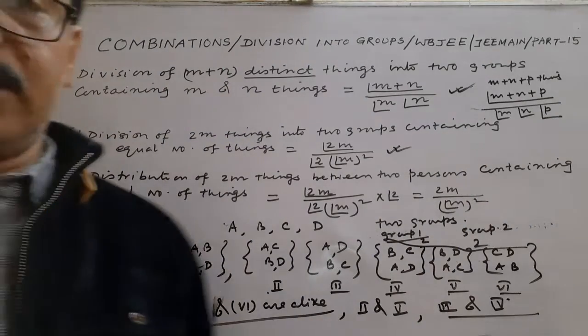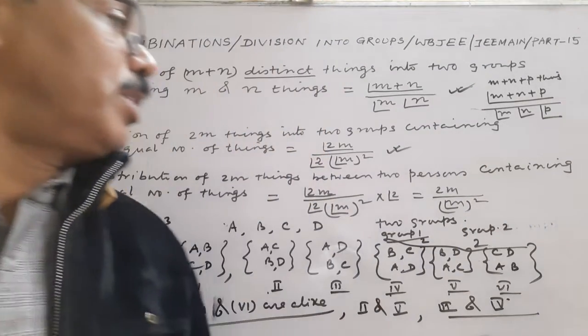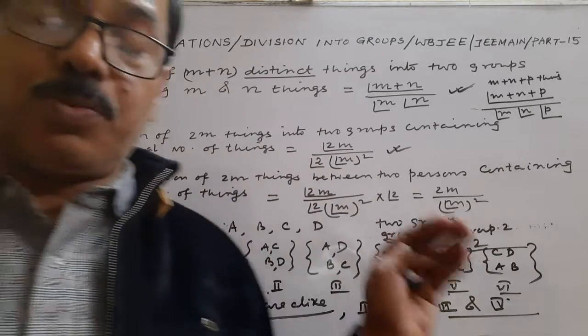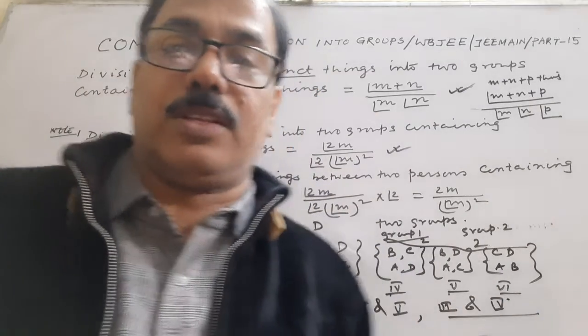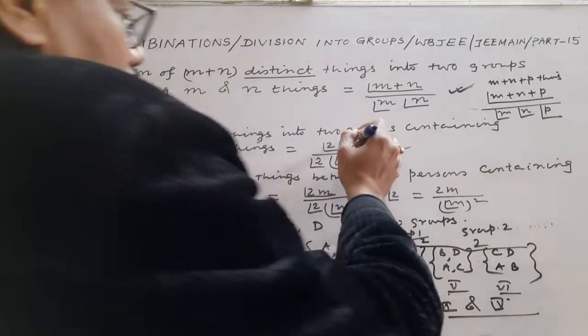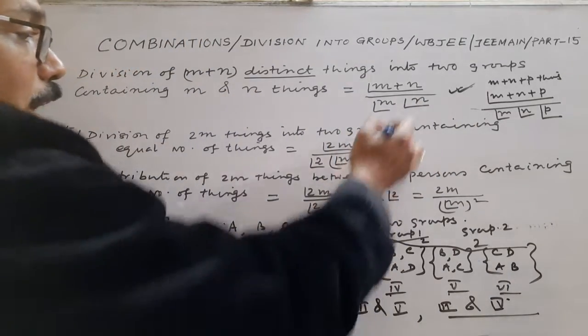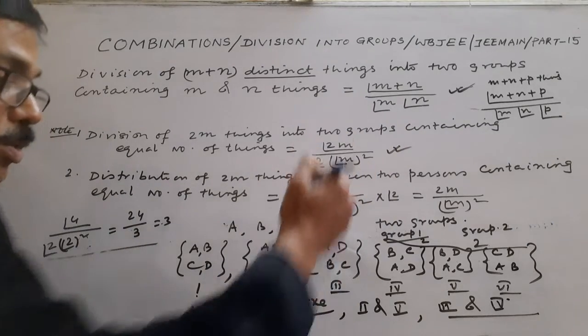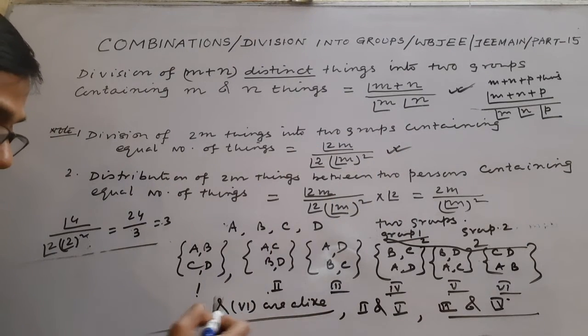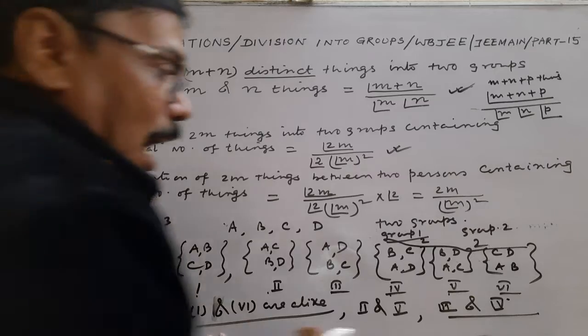So mind it. If we divide into 2 groups containing equal number of things, the formula is factorial 2m by factorial 2 into factorial m whole square. You have to divide by factorial 2 because 2 groups are alike.